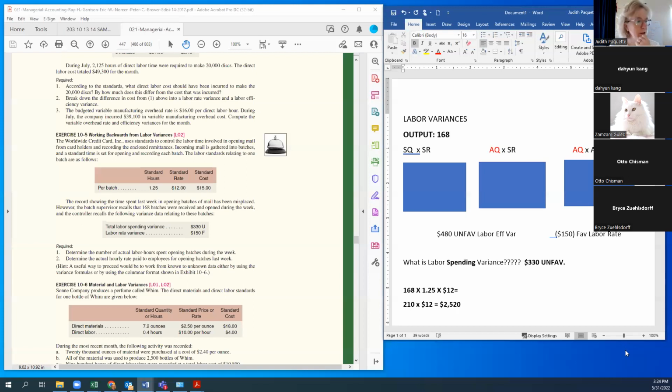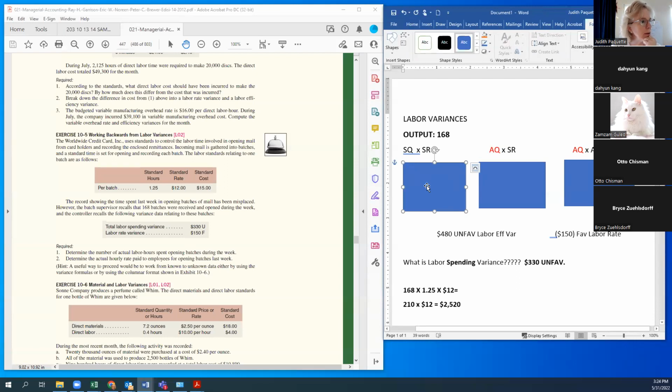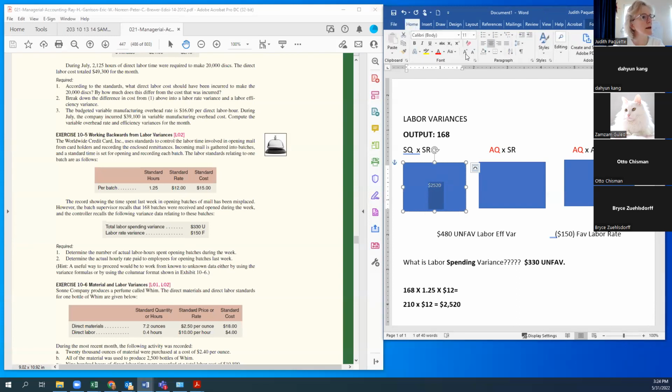So the standard is 2520. I don't think I can write in here, but I could try. Yeah, I can. 2520 is what we should have spent. And if we had an unfavorable variance, that means that we spent $480 more than 2520. And that's going to be 3,000.